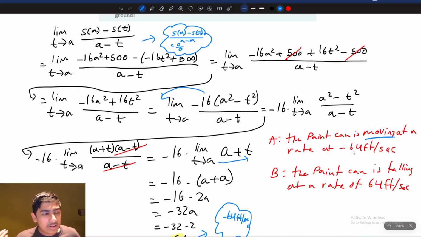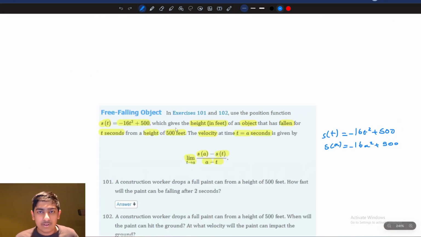Think about what's going on in the real world is my best piece of advice. It's giving you more than it really needs to, but that's really good. It's a falling object. You're dropping a paint can, and it's modeled by a position function. Hopefully that makes sense.